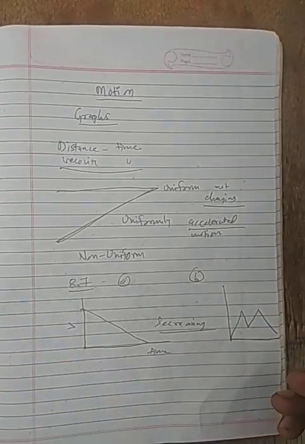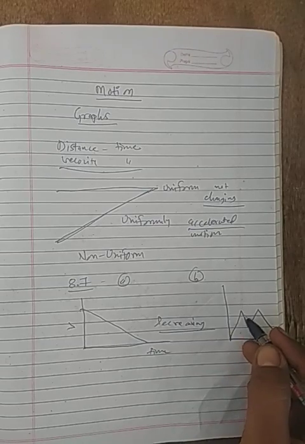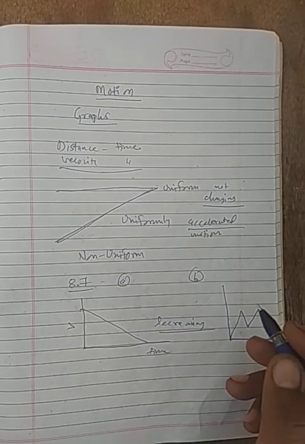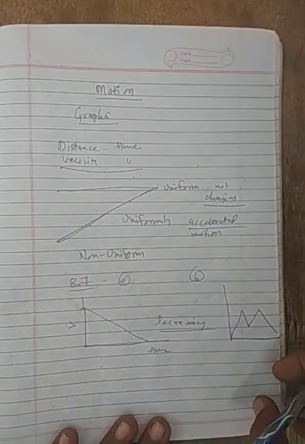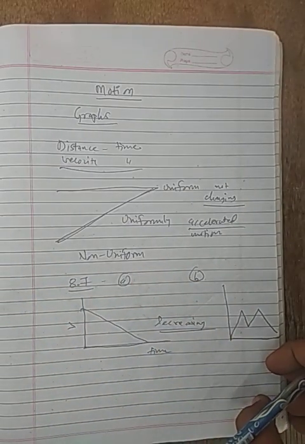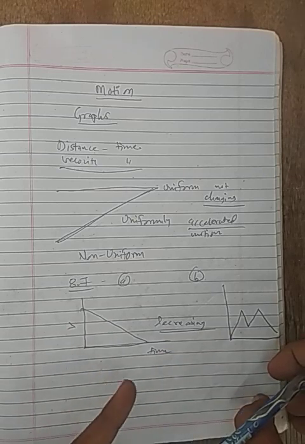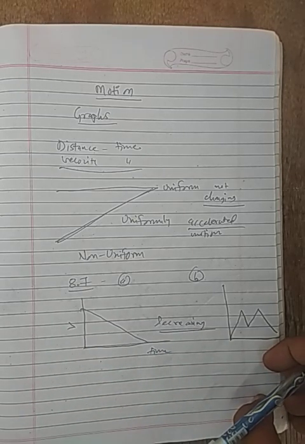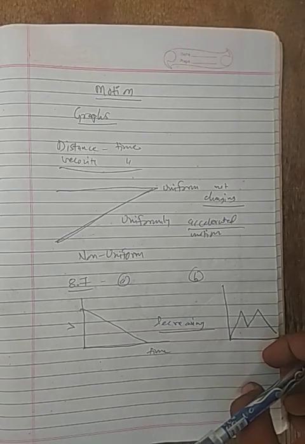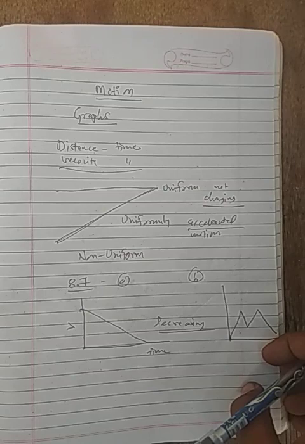The velocity is getting higher, then lower, then higher, then lower with time. So when the motion is non-uniformly accelerated, you can get any kind of these shapes. So this is all about graphs representing motion of an object.